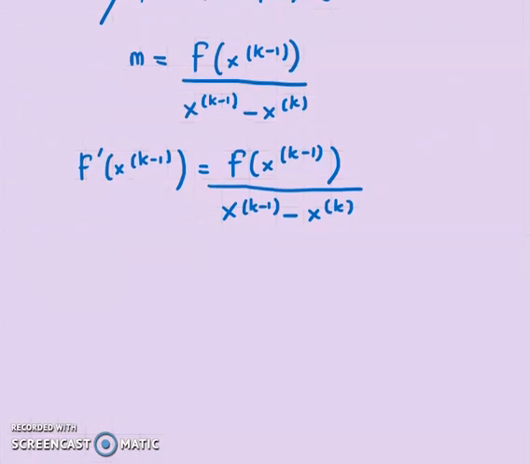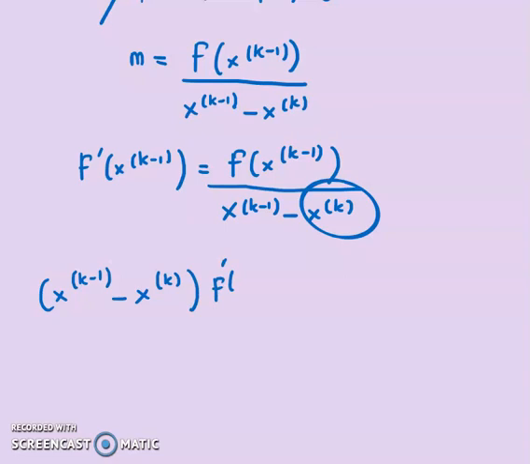So we rearrange the equation. For example, this is my root that I want to find. Multiply and bring it to the other side. So I have (x_{k-1} minus x_k) times f prime at x_{k-1} equals f of x_{k-1}.